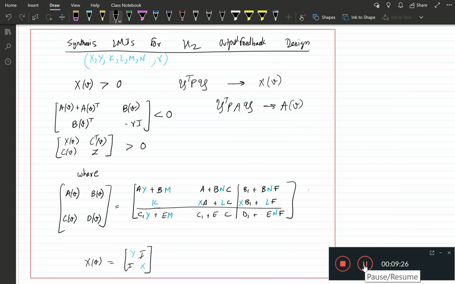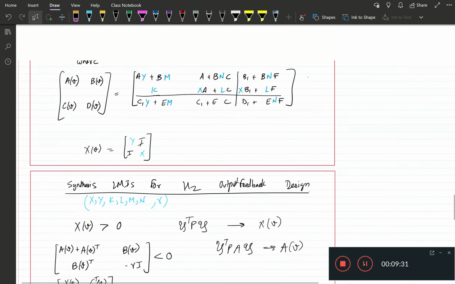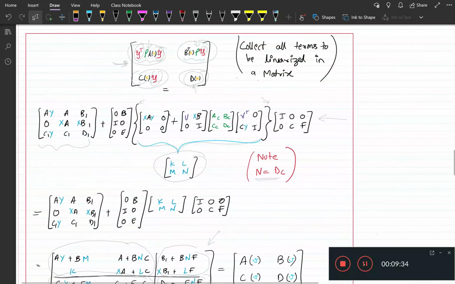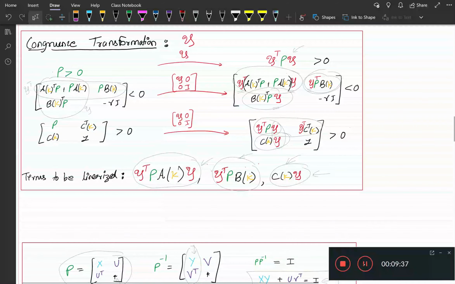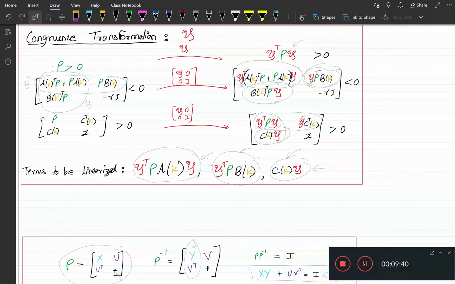Now please note that for the H2 synthesis problem, we actually additionally had one more condition. So let me just add it here. Because that condition poses no problem, I did not put it inside the slide, but that condition was that the closed loop D has to be equal to 0, because if that is not so, the closed loop system is not strictly proper, and that would have an infinite H2 norm.